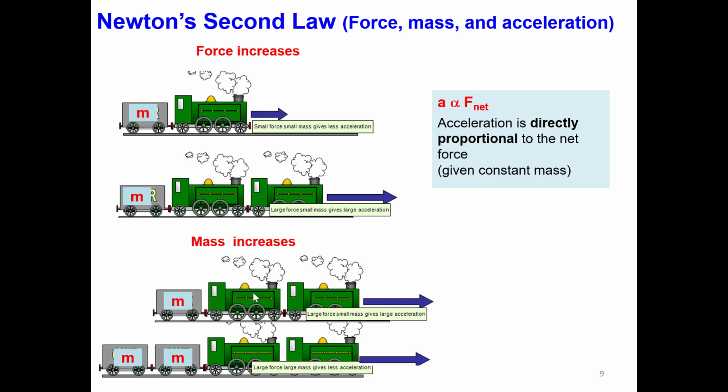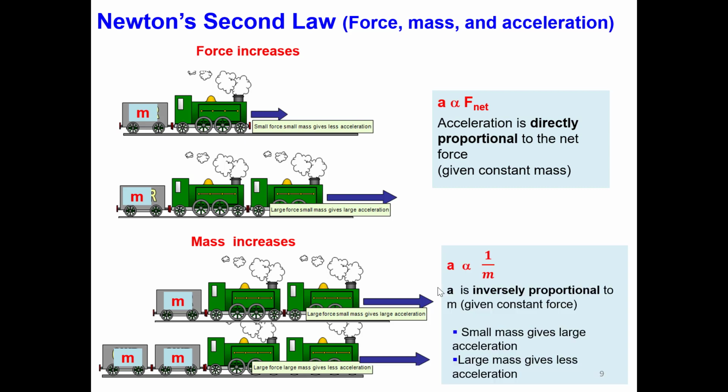It's more difficult to move, to accelerate, with the same force. More mass, less acceleration means inversely proportional. This is why acceleration and mass are inversely proportional if the force is constant.